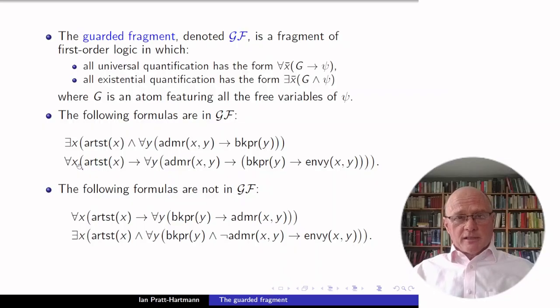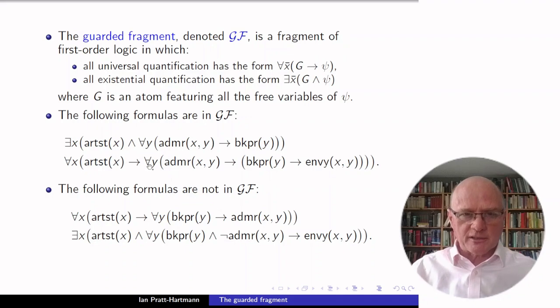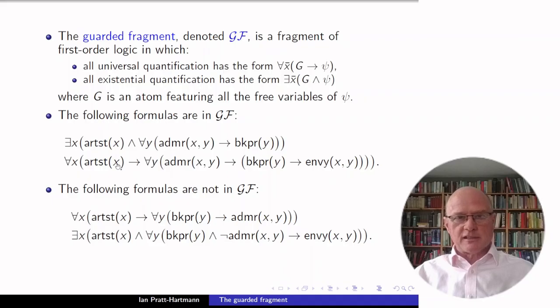The second formula again is guarded. The main quantification is universal, and we see that the formula to which that universal quantification is applied is an implication. The antecedent of the implication contains all the free variables of the consequent. The only free variable in the consequent is x, and so that x is contained in that antecedent here.